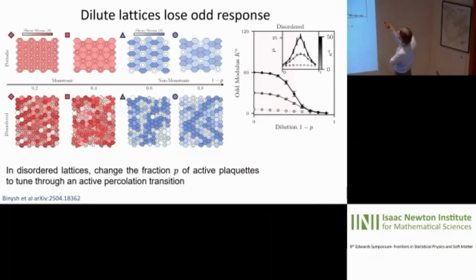Moreover, you can see other signatures of the transition here, where the error bars, corresponding to standard deviation, grow as you pass through this percolation threshold.